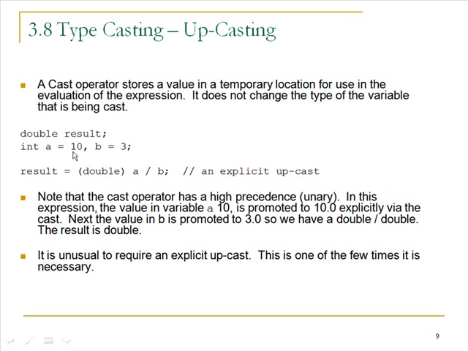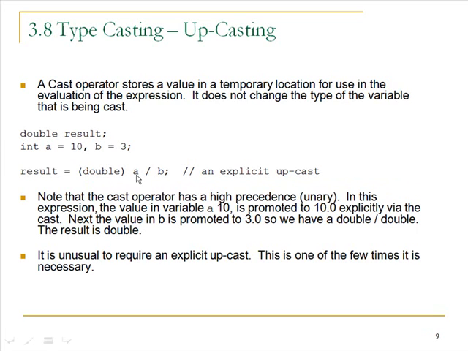So remember this one where we had 10 divided by 3. If we want that operation to happen in double, we really do want 10 divided by 3 to be 3.333. We can upcast the int a to be 10.0. So think about all of the things that happen in this expression. We have an upcast of a, that happens first.